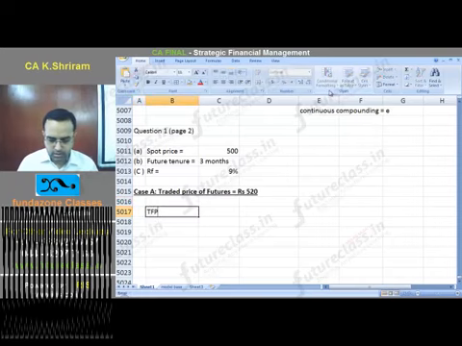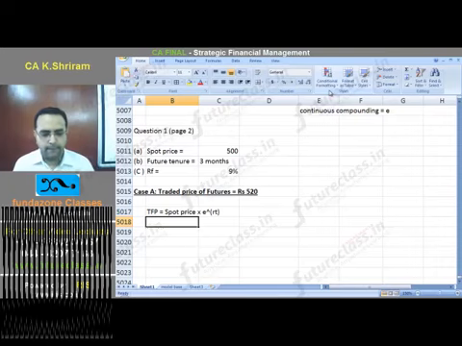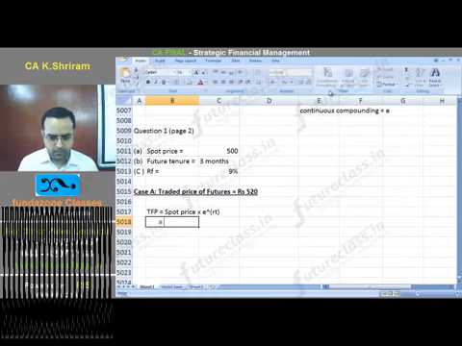Theoretical future price is equal to spot price into e power RT. Spot price of 500 into e power R, which is 0.09, into T, which is 3 by 12.